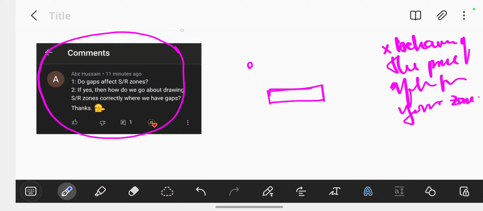If let's say we are going up, and then we have a pause, and then we take off again, you need to assess this move. This move will give you the information about the strength of this zone here, right?